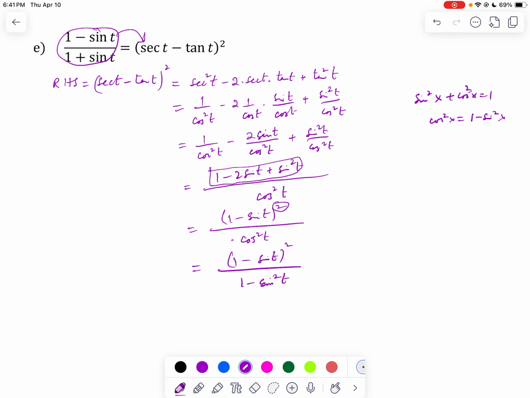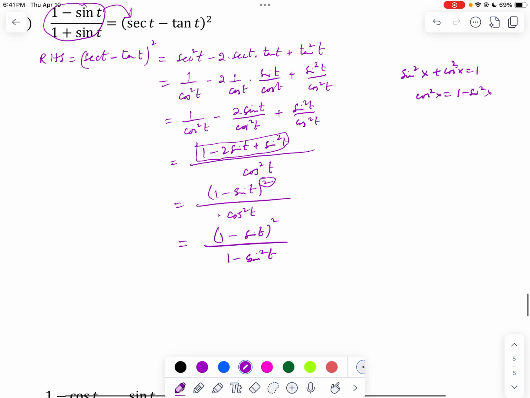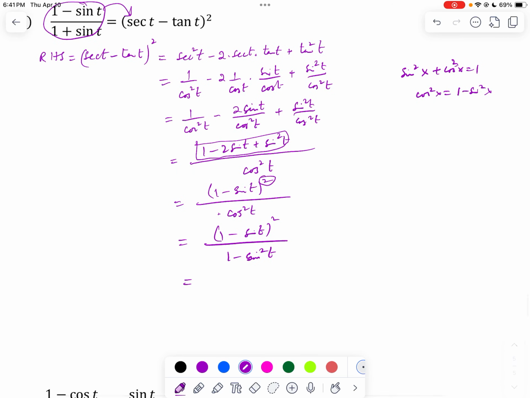So now the bottom can be factored. The top is 1 minus sine t into 1 minus sine t. And the bottom is 1 minus sine t into 1 plus sine t.